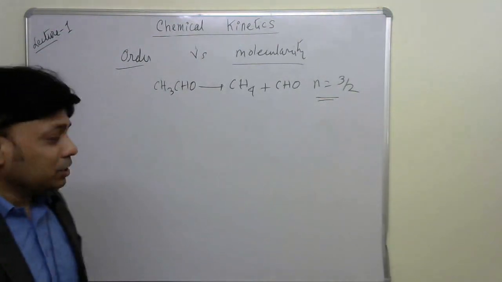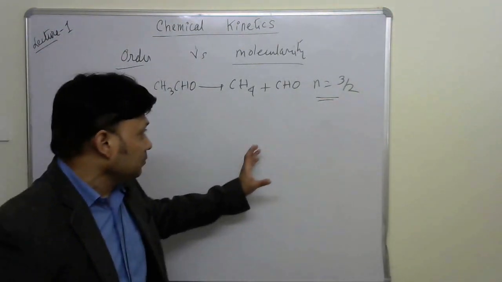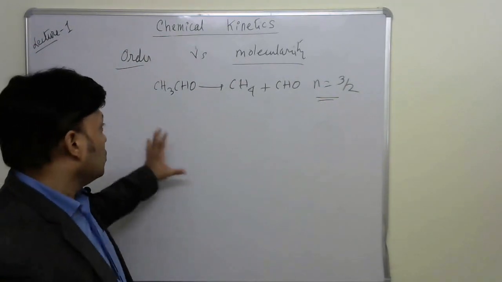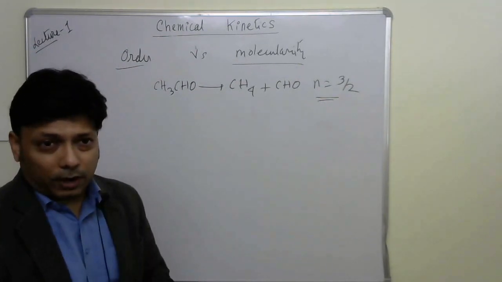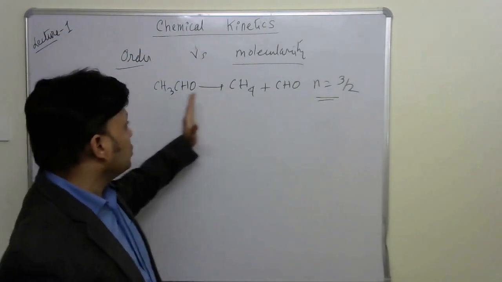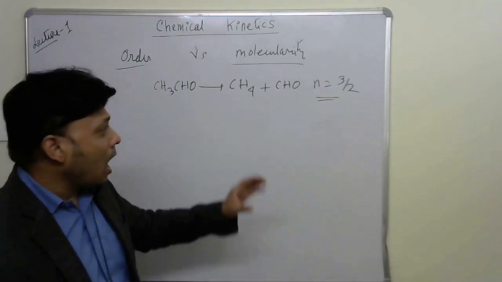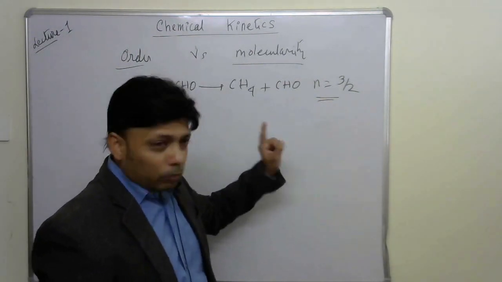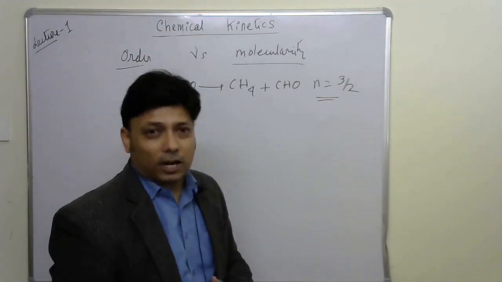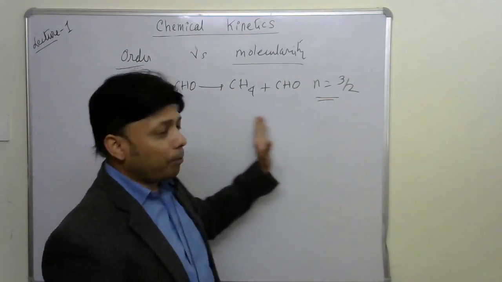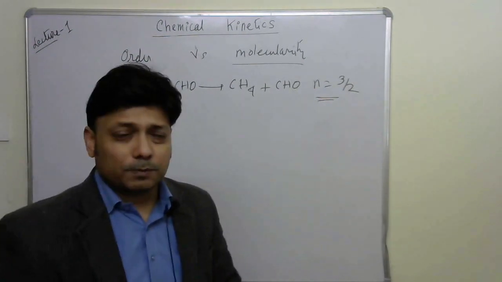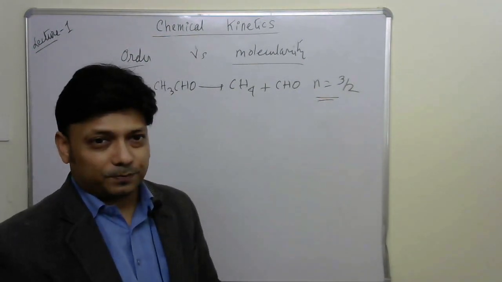Definitely you may question me: being single step or multi-step, the order comes from the molecularity, right? And molecularity is always a whole number. So even if this reaction is multi-step, how come, with molecularity being a whole number, the order becomes a fraction? It apparently contradicts the statements we have just learned.